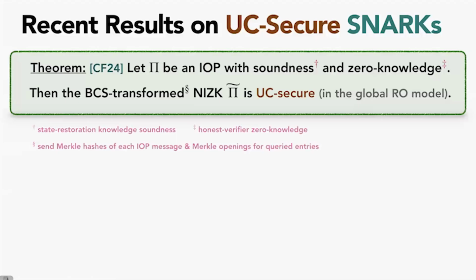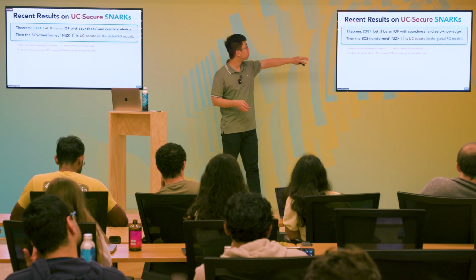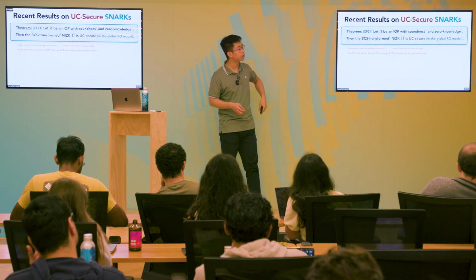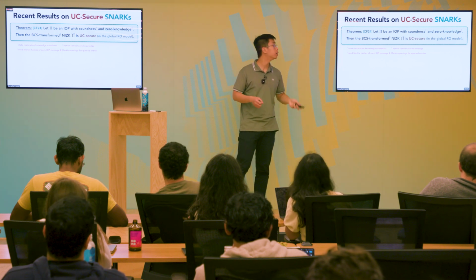The first one are the so-called hash-based SNARKs, where you can observe all the random oracle queries and extract from that. So now extraction is straight line, and a recent work by Chiesa and Giacomo Fenzi showed that this transformation for any hash-based SNARK that satisfies these two soundness and zero knowledge notions will be UC secure.